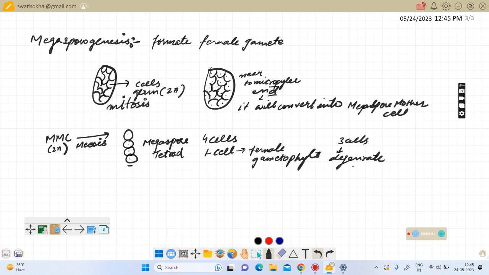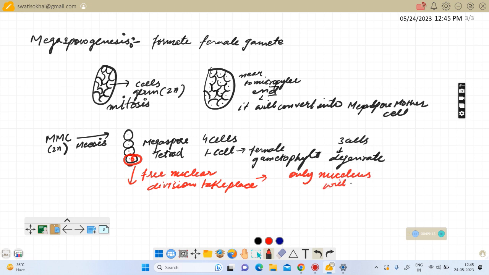Now, beta, let's consider this is that one cell. In this one cell, free nuclear division will take place. That means, beta, only the nucleus will divide.